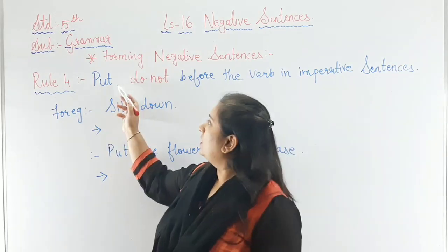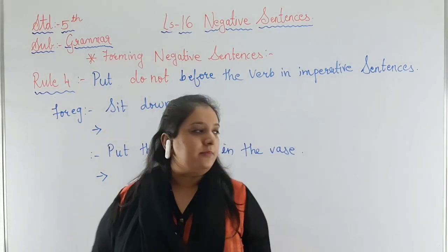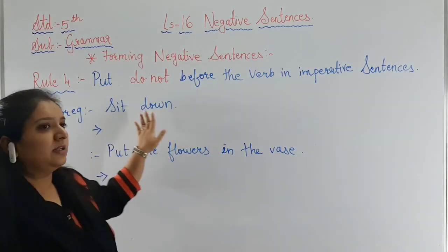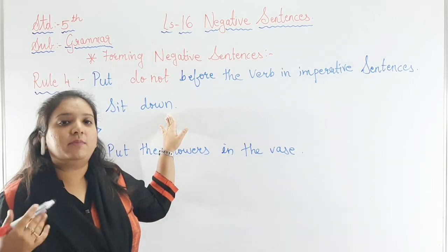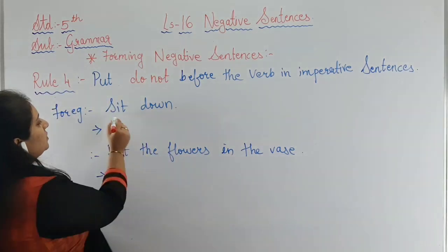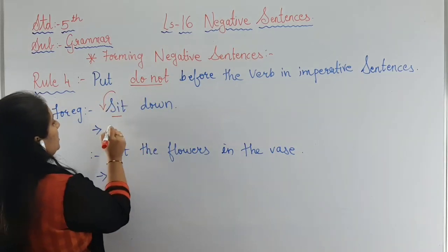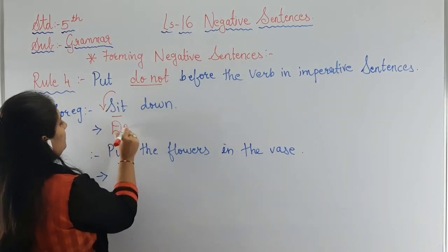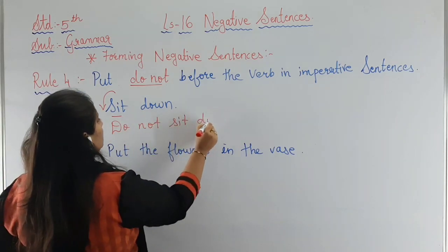We will add the word do not before the verb. For example, sit down. I am giving you an order, commanding you to sit down. Here sit is the verb, so we will add do not before the verb. The statement will become: do not sit down.